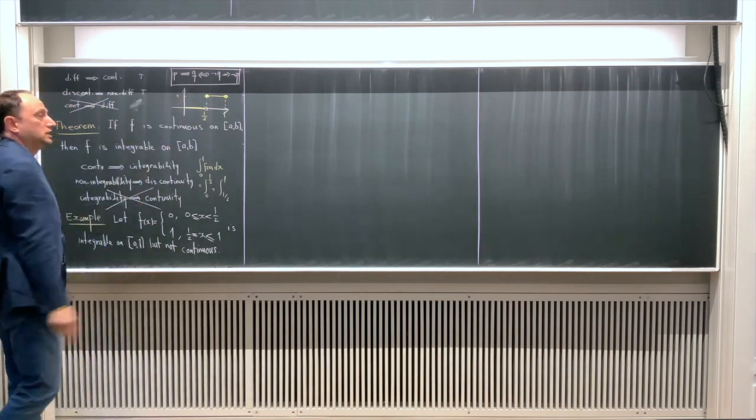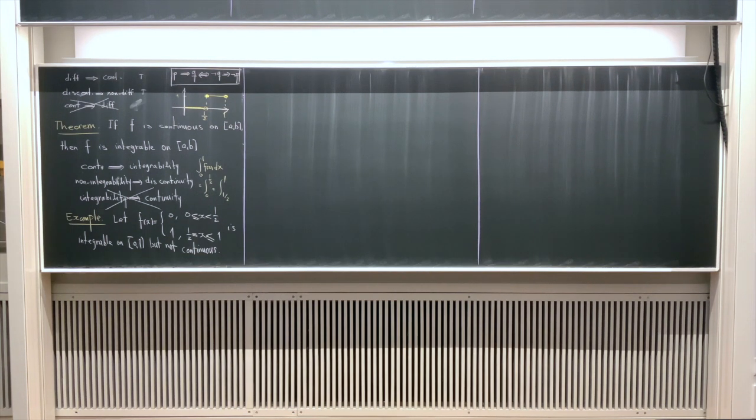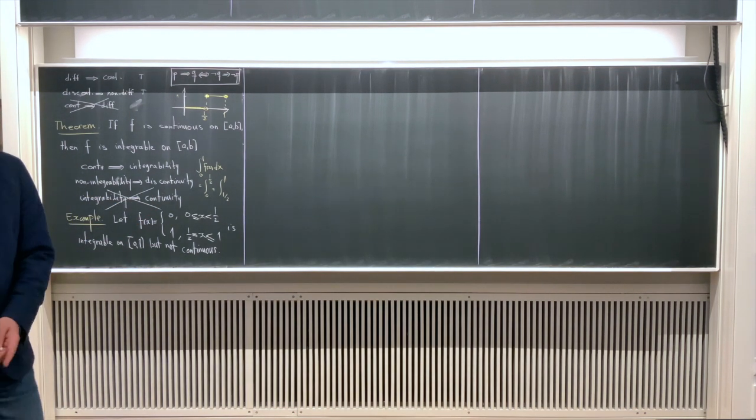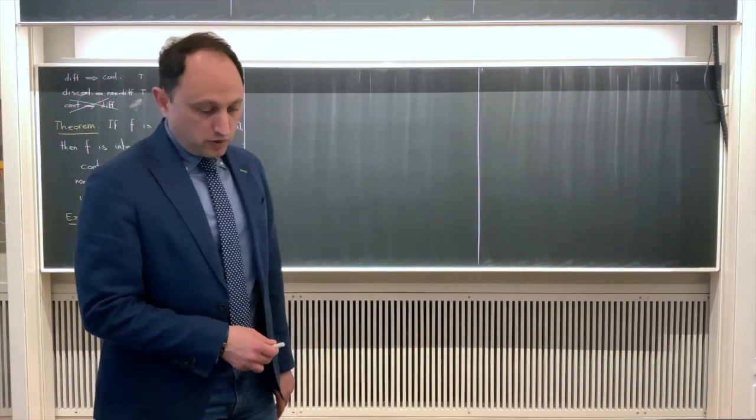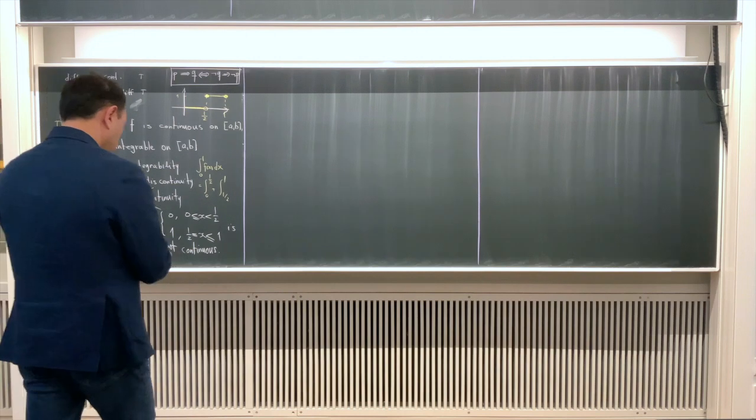Something like that. So it is clear that this function is not continuous. But you can convince yourself that this function is integrable. So integrability does not imply continuity. Okay, that is something that I want you to know. And the last part of the lesson is talking about Riemann sums.